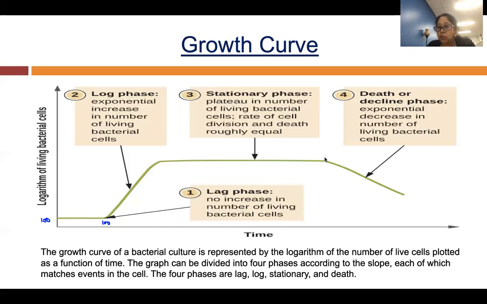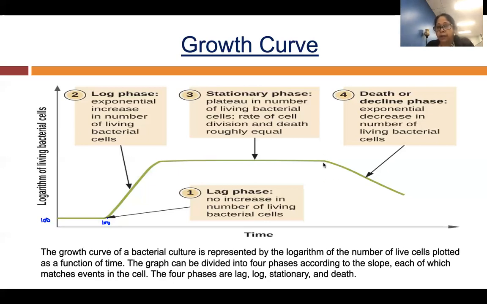Now at this moment, like over here, maybe 1% nutrients were available, but here 0% nutrients are available. And not only that, a huge amount of waste material, excreta, is deposited inside the media.